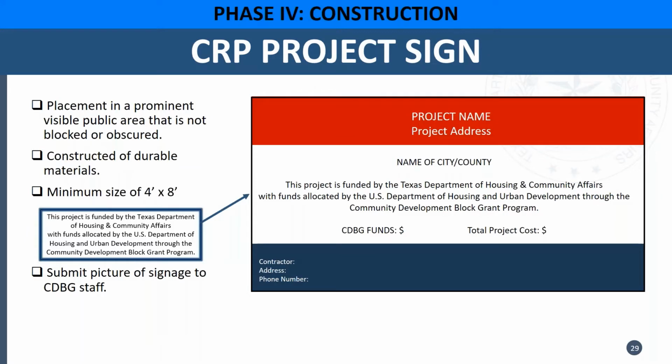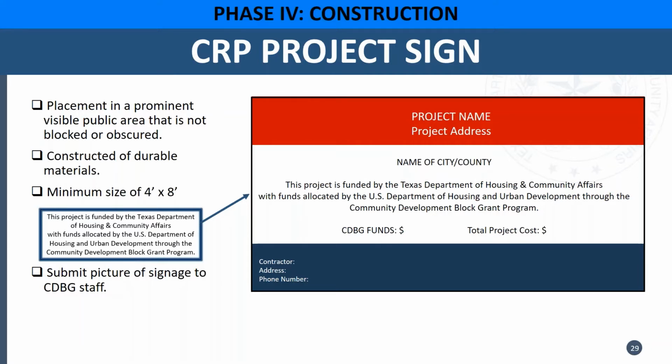This slide shows you the required CRP project sign that must be posted at the project site itself. Here in the red area, we have the project name and project address. The white area shows the name of the city or county that the project is taking place in. In the middle is the required text that must be displayed on the sign.